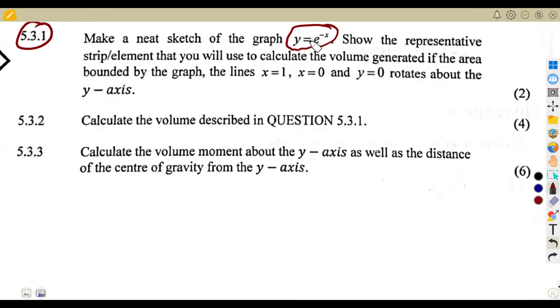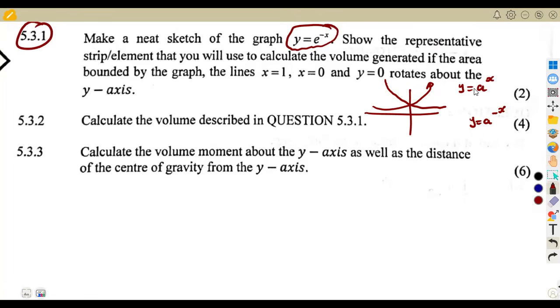Remember, the exponential function, we expect it to be this way when it is positive: y equals a to the exponent of x, where a is positive. Or we can have y equals a to the exponent of minus x. We expect our graph to be like this, approaching zero.